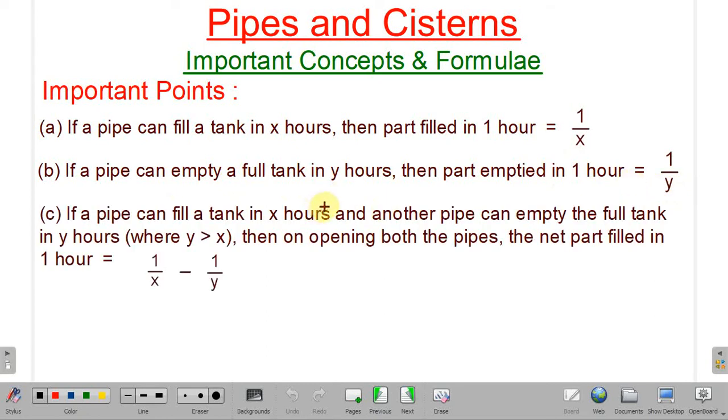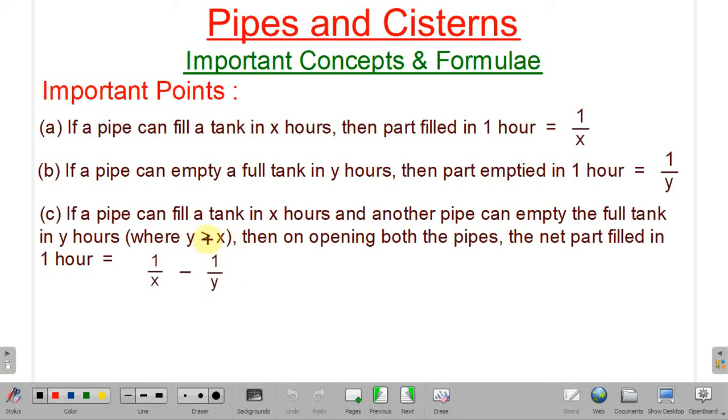Now consider the case when inlet and outlet pipes both are opened simultaneously. Okay. And the inlet pipe can fill the tank in X hours while the outlet pipe can empty the tank in Y hours, where Y is greater than X, means emptying rate is less than filling rate. Okay, if the pipe can fill in 5 hours, then it can be emptied in 10 hours, like that.